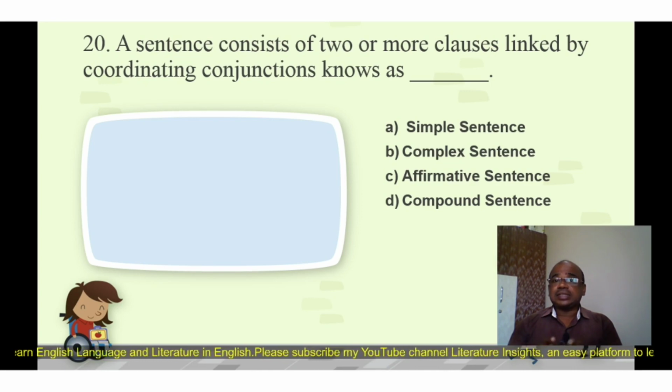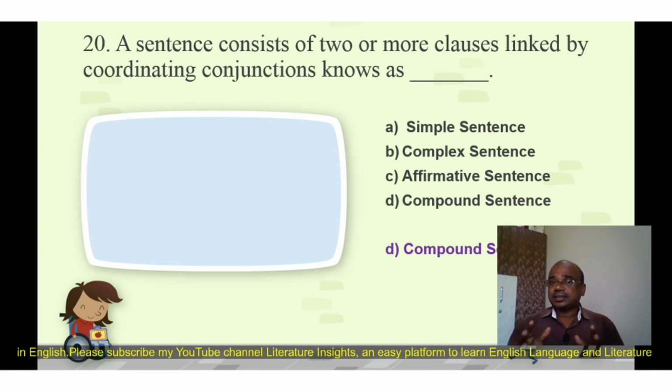The correct option is compound sentences. So we are using coordinating conjunctions to connect two or more clauses, such as and, not only but also, or, as soon as. So these are the coordinating conjunctions we are using to join two or more clauses together.